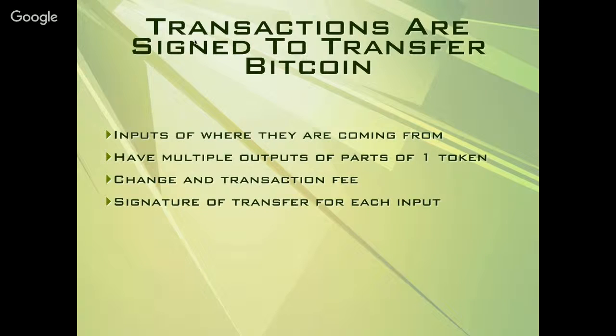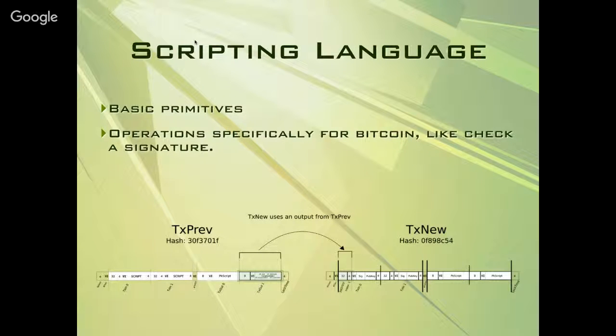So how is this actually done? By using what's called a scripting language. Basically, what this scripting language allows is particular things like: take this particular input with this many Bitcoin.